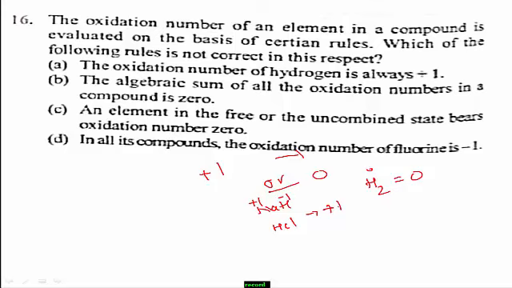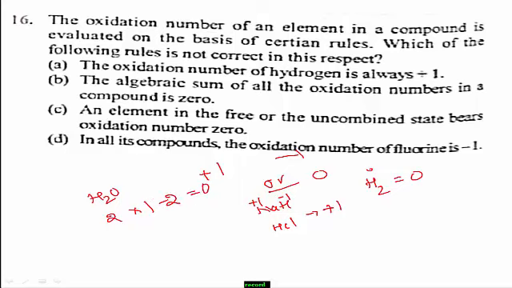Right. Next, according to option B, the algebraic sum of all the oxidation numbers in a compound is 0. This is a correct statement because according to the rules, it is the right one. If you take an example H2O, the algebraic sum of all the terms, here 2 into 1 and oxygen is -2, is equal to 0.